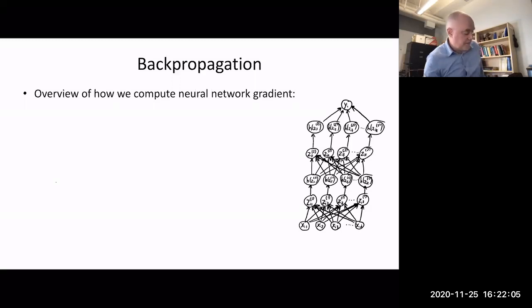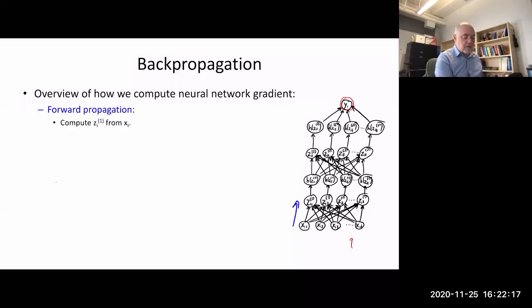So at a high level, what do we do to compute a neural network gradient? Well, first of all, here's our input and here's our output, up at the top, right? So the first thing we need to do is a forward propagation.